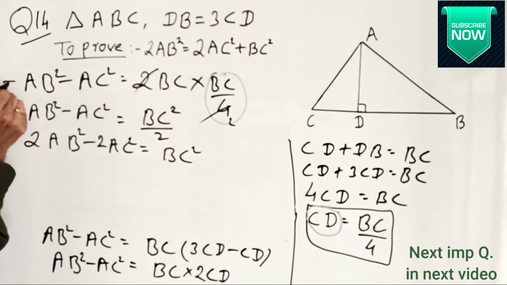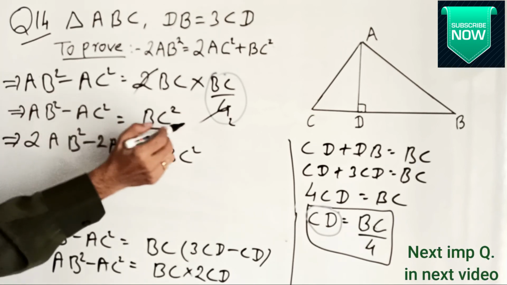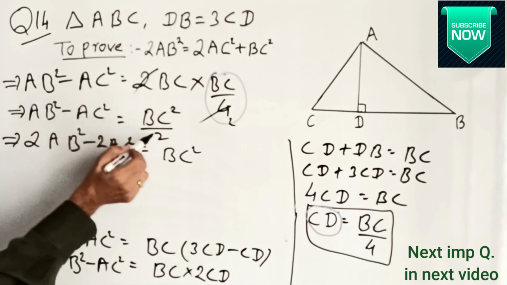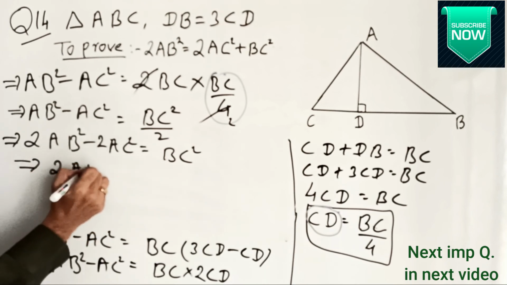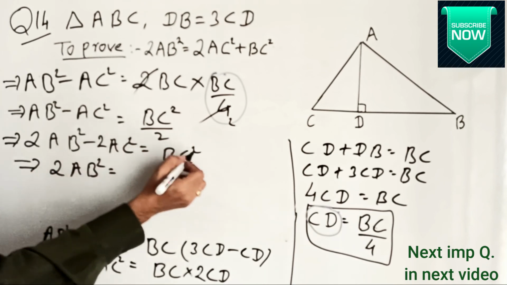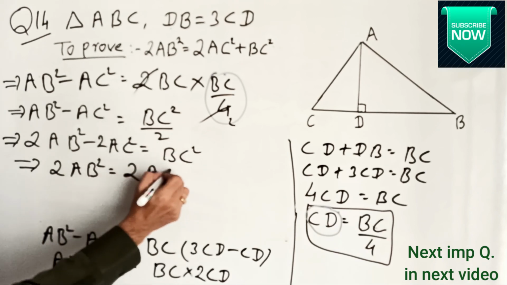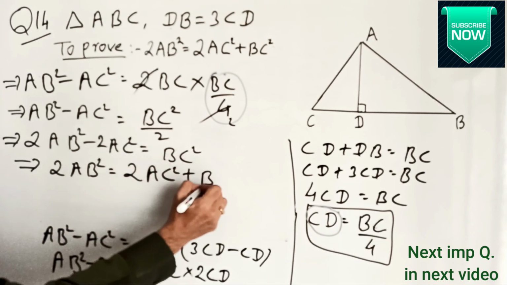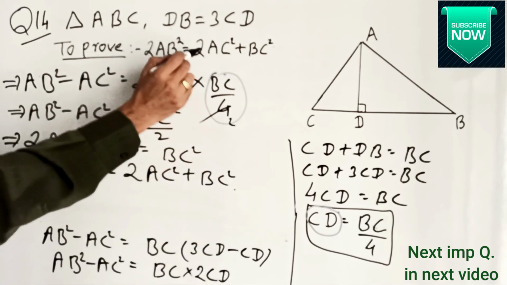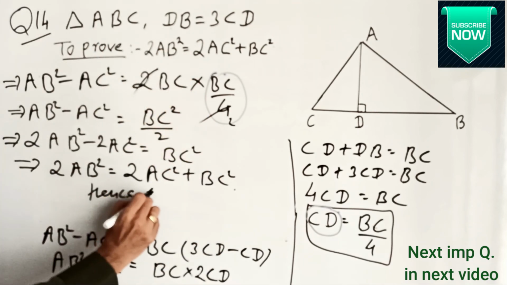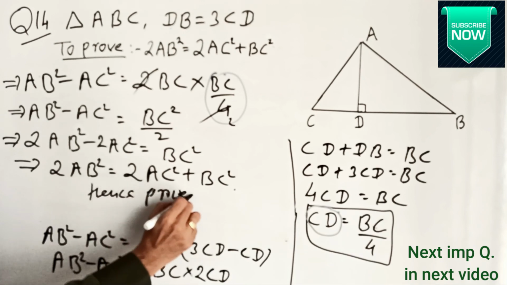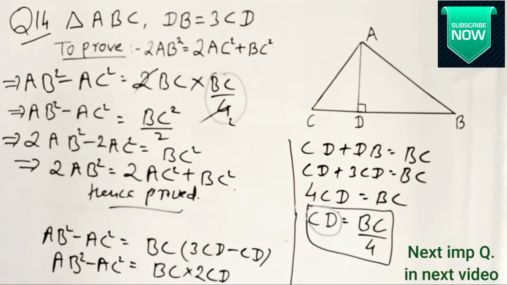Okay student, see this one, simply I cross multiplied: 2AB square, 2AC square. Now 2AB square is equal to, this will be shifted to this side, 2AC square plus BC square. This we needed to prove, so hence proved. Okay student.